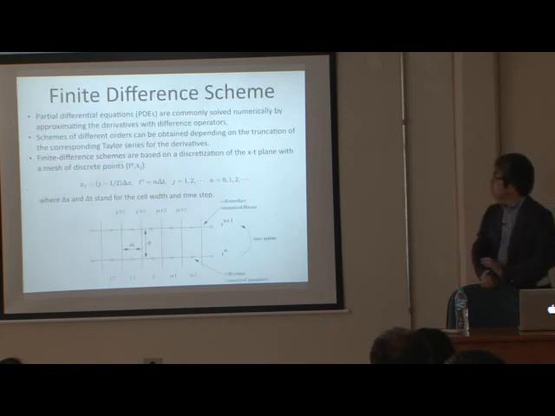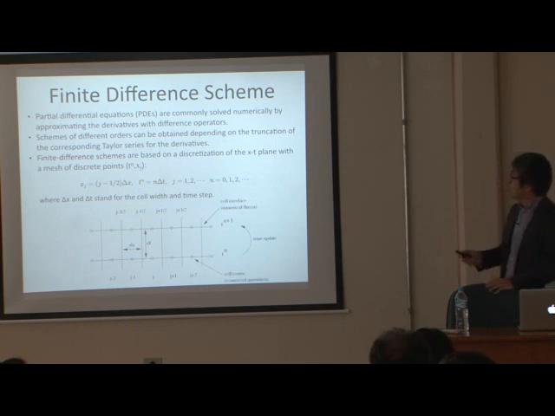So this is the finite difference scheme. Partial differential equations are commonly solved numerically by approximating the derivatives with difference operators. The schemes of different orders can be obtained depending on the truncation of the corresponding Taylor series for these derivatives.